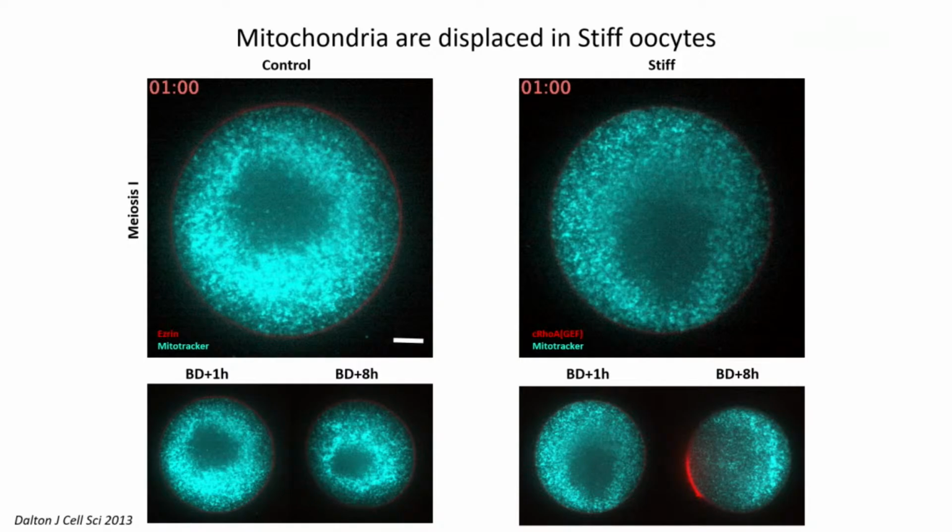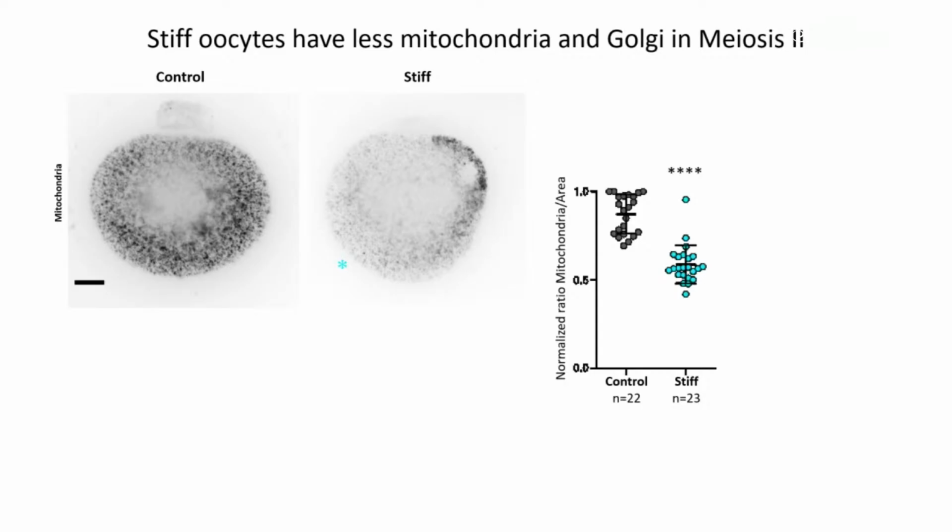So this is in meiosis 1, and we wondered what could be the effect of having this pushing of the organelles in meiosis 2 oocytes. So could these organelles be pushed, for example, into the polar body and be extruded and lost in meiosis 2 arrested oocytes? So first, we quantified the amount of mitochondria in control and in stiff oocytes, and indeed, there are fewer mitochondria in stiff oocytes arrested in metaphase 2 compared to control oocytes.